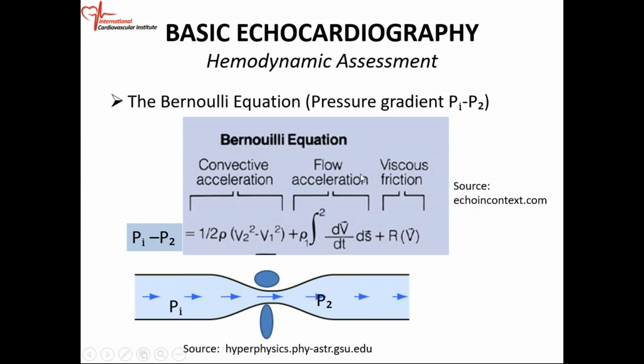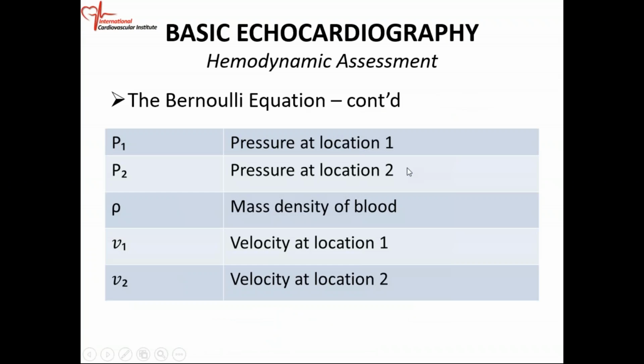Okay, but this is the full Bernoulli equation. Okay, gradient, which is the pressure difference. The fluid is flowing from point 1 to point 2, so therefore the pressure at point 1 has to be greater than the pressure at point 2 for you to get flow, and the difference in pressure is what we call the gradient. Again, it's equal to the convective acceleration plus your flow acceleration plus the viscous friction.